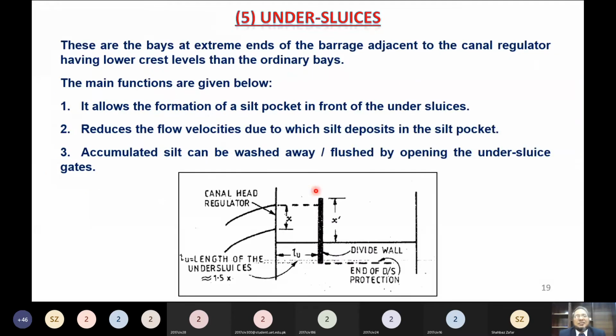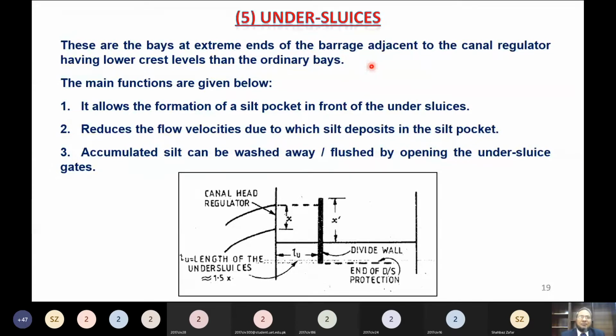Okay, number 5 are the under sluices. What are under sluices? These are the bays at the extreme ends of the barrage, adjacent to the canal regulator, having a lower crest level than ordinary bays. So under sluices basically are provided in between the divide wall and the head regulator of the main canal.